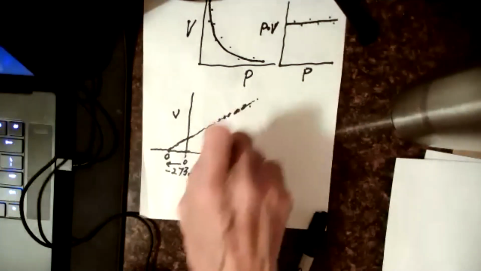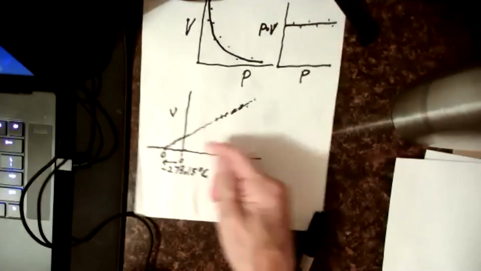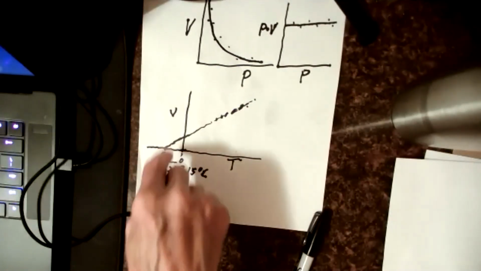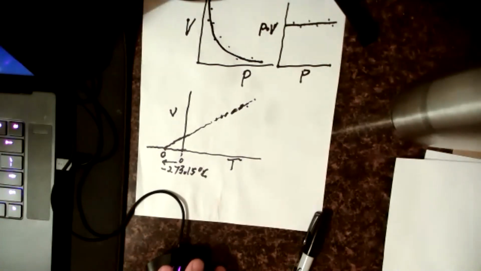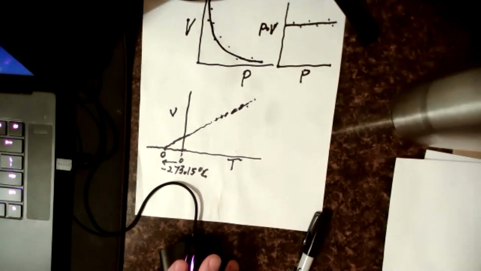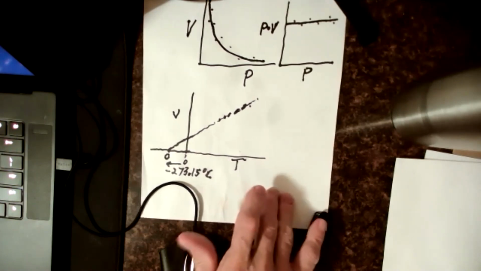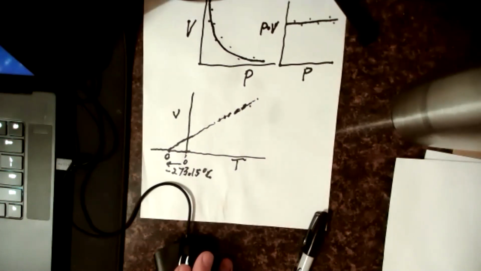The m will be the slope, and the b will be the y-axis intercept, and it would give you an estimate of absolute zero. It's not perfect. You're not going to get minus 273 in your lab, but you get the idea. It is a way of doing that, getting the measurement.